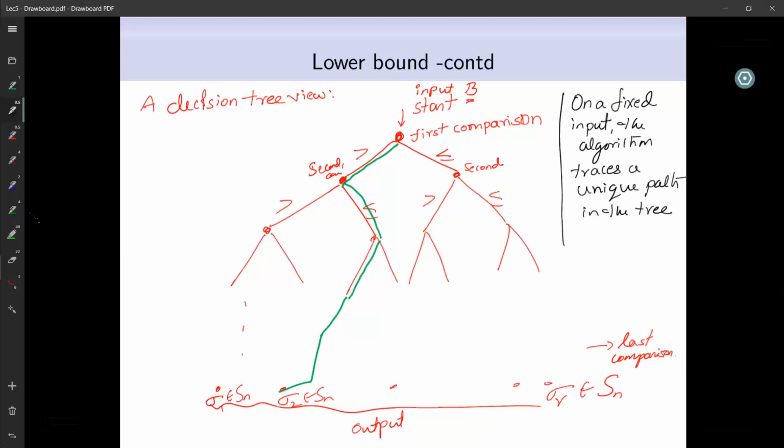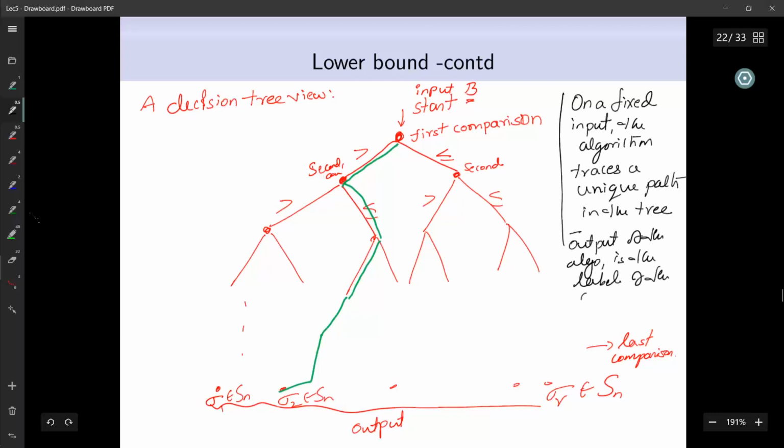The output of the algorithm is the label of the corresponding leaf. Once you say unique path, there is a unique leaf, right?